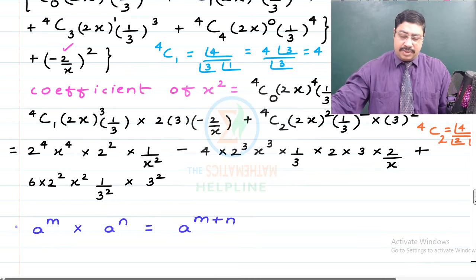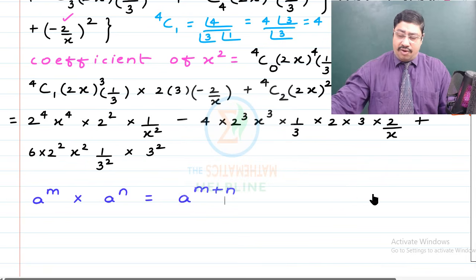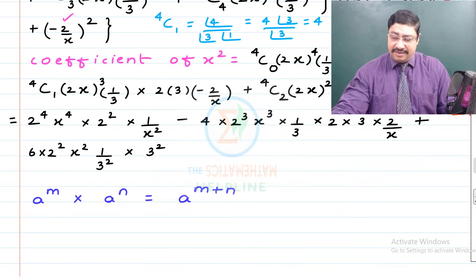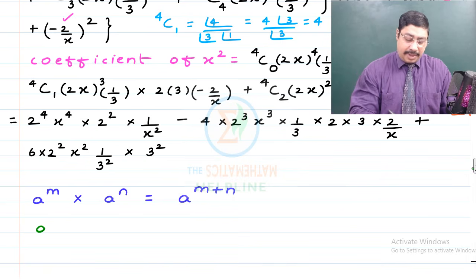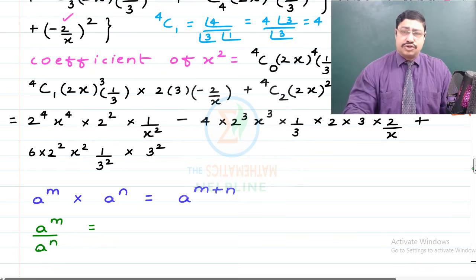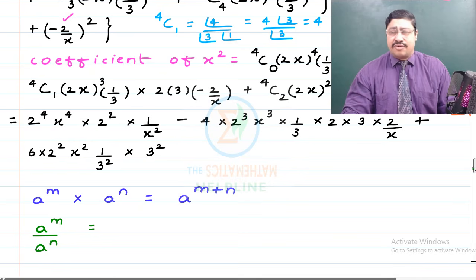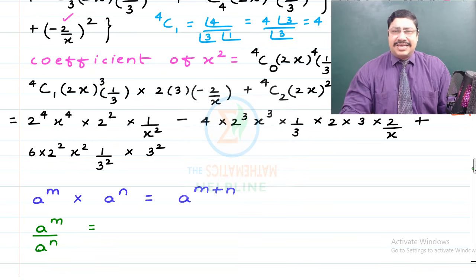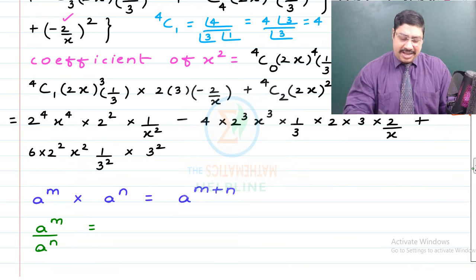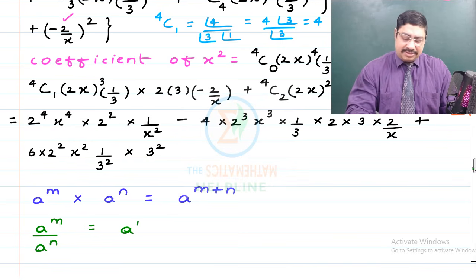Similarly, children, we now talk about another rule of indices, that is, if we have some a raised to the power m, and if that is divided by a raised to the power n, then that is the quotient rule of indices or of exponents. What is that equal to? Yes, David? Very good. So that becomes equal to a raised to the power m minus n, right?